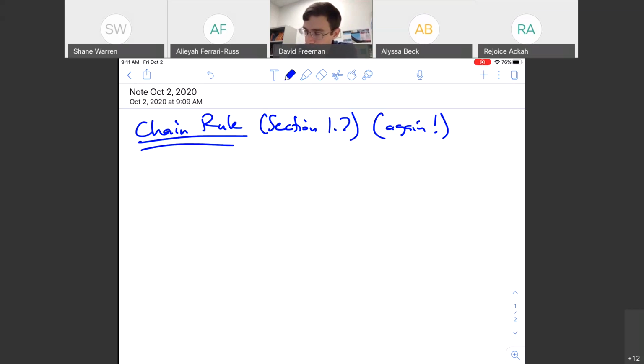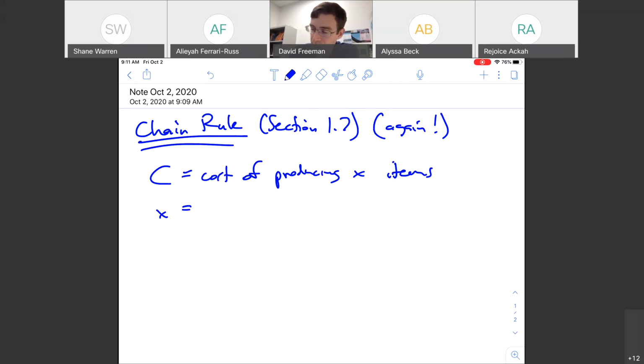It was the cost of producing X items, where X is the number of items produced, and we had a formula for C as some function of X. I'm just going to make it up here: 5x squared plus 10.